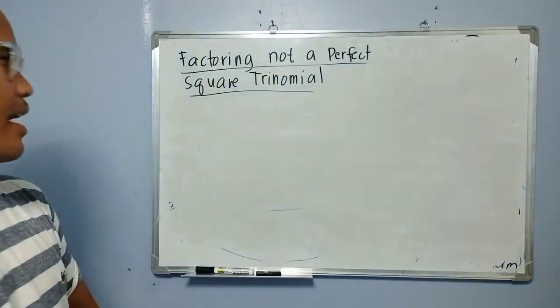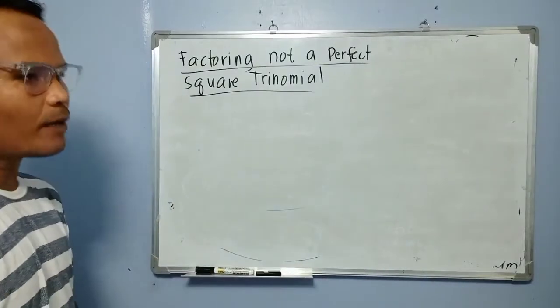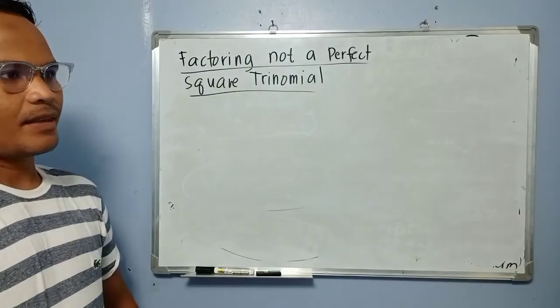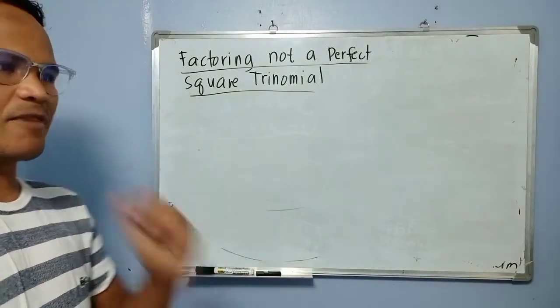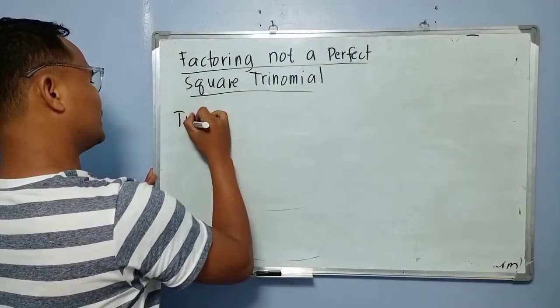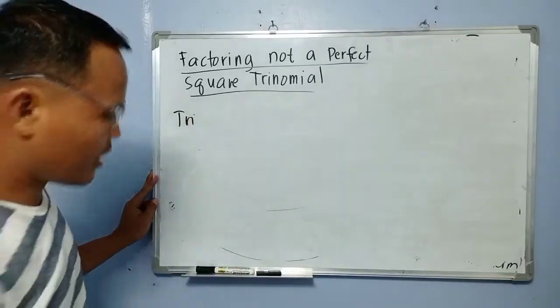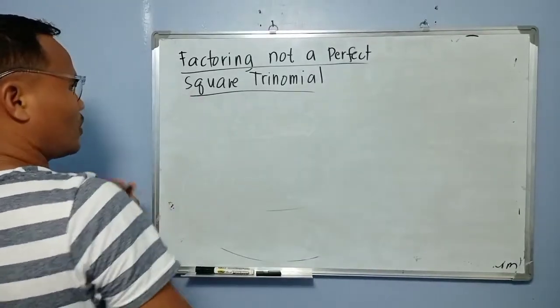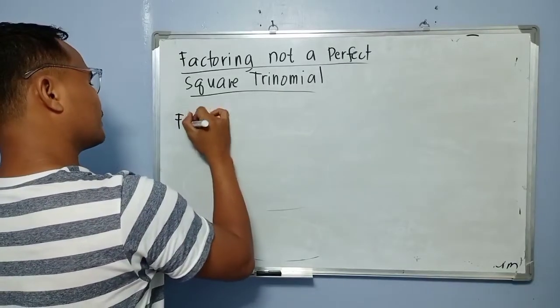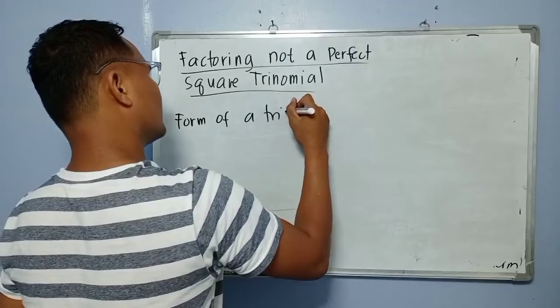Factoring a trinomial that is not a perfect square trinomial. There are two forms of the standard form of a trinomial.